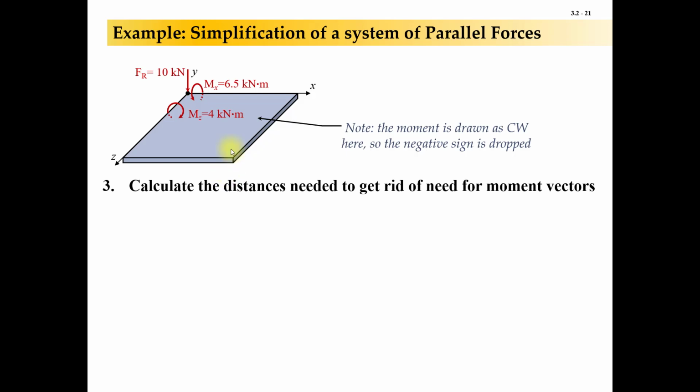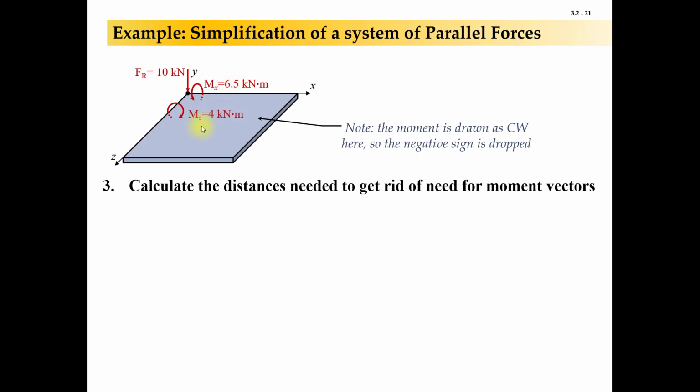So now we have this, which is a force and two moment vectors. And remember, I will take a little aside here and say you can always simplify it down to a force resultant and one moment vector. And you're like, well, wait, you've got two moment vectors. Keep in mind, you can find the resultant moment vector as the square root of the sum of the squares of these two.